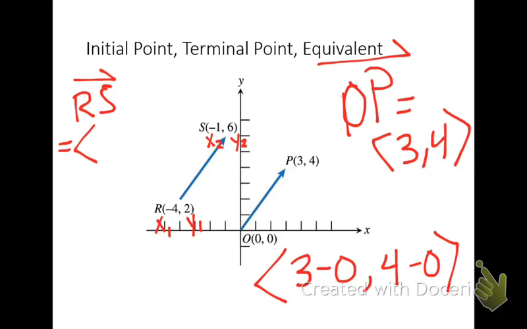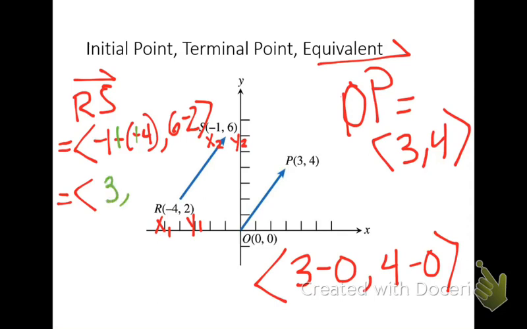So I would have negative 1 minus negative 4, and I'll also have 6 minus 2. To simplify, because I want it in component form, which means one value for x and one value for y, we change that negative to a positive. So I would have 3, and then 6 minus 2 is 4.